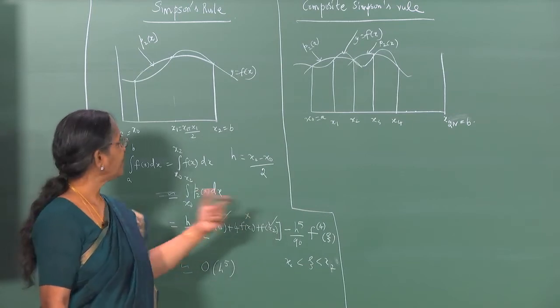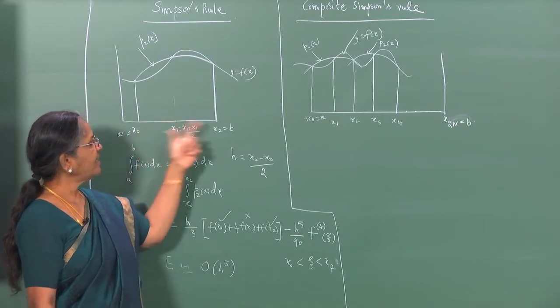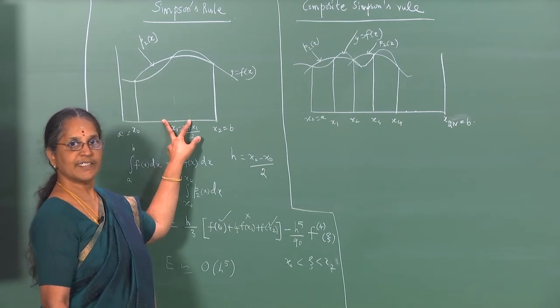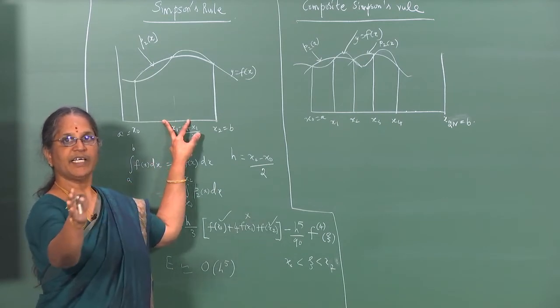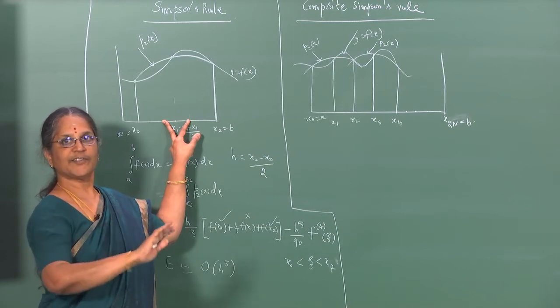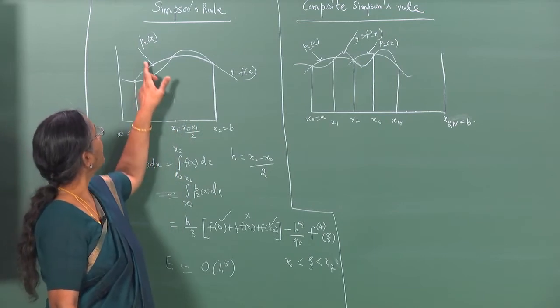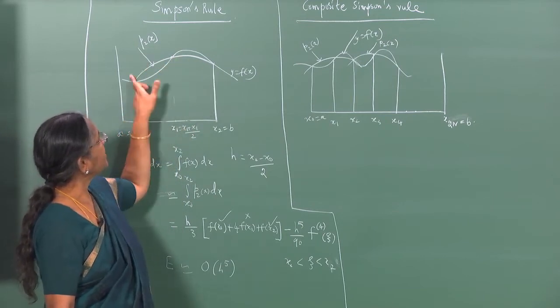But we observe that in Simpson's rule we have to divide the given interval into an even number of equal subintervals, because we want to approximate a curve in an interval of the form x0 to x2 by means of a quadratic interpolating polynomial p2 of x passing through 3 points.